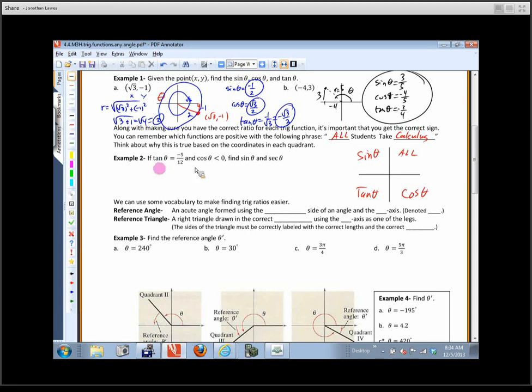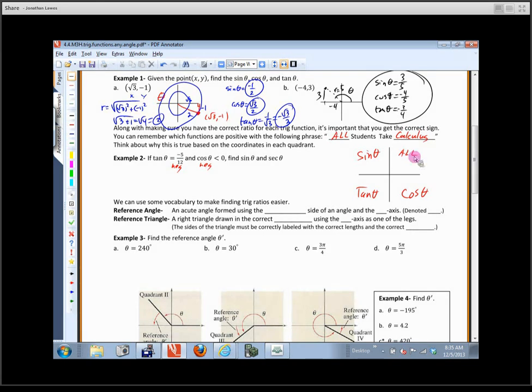So let's think about this problem right here. It says if the tangent of theta is -5/12 and the cosine is less than 0, if we say the cosine is less than 0, we're meaning the cosine is what? Cosine is negative. So both of these are negative. It says find the sine of theta and the secant of theta.